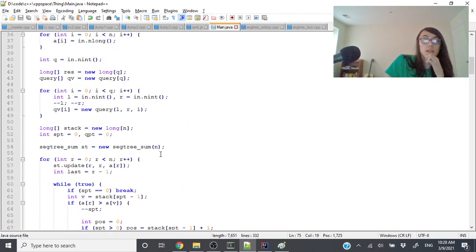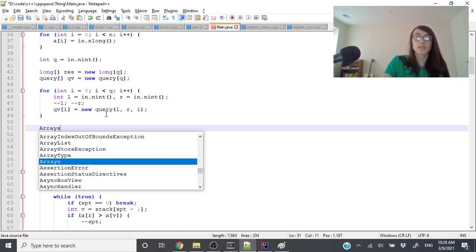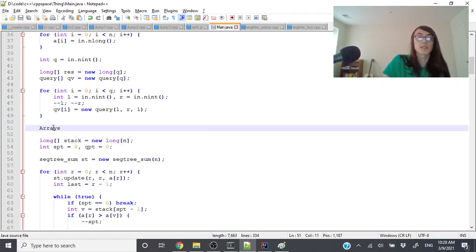Okay. Now sort. Arrays, collections, I guess. No, it should be arrays. Well, with object arrays, it uses merge sort, right? So that should be fine.